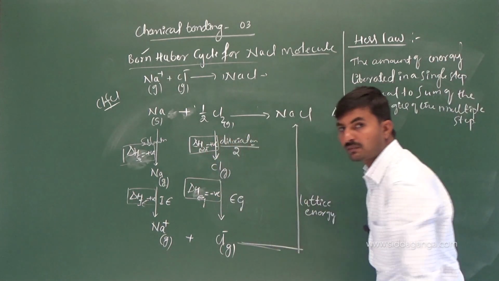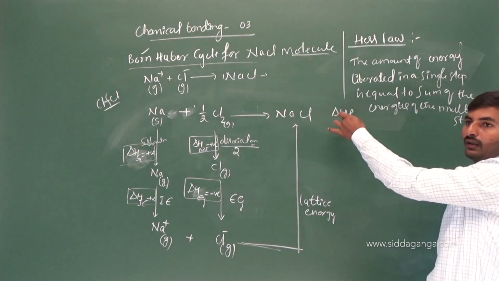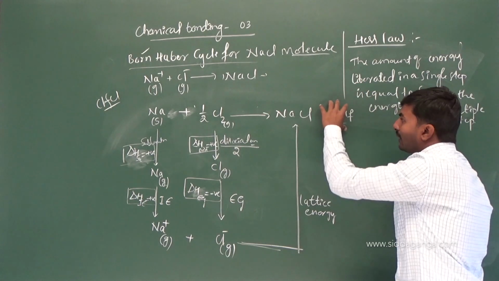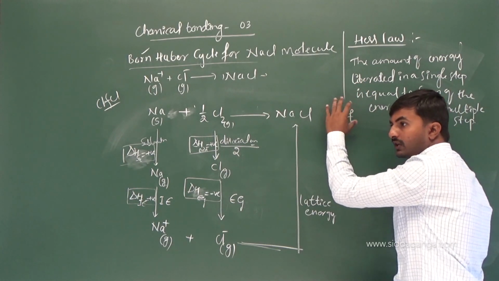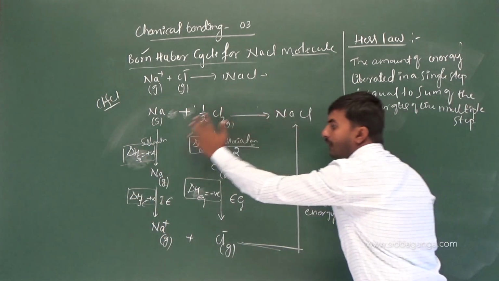Here, which is the single step? The enthalpy of formation is the single step. According to Hess law, the energy liberated during the enthalpy of formation is exactly equal to the sum of all these energies.